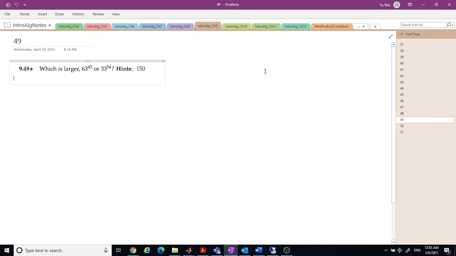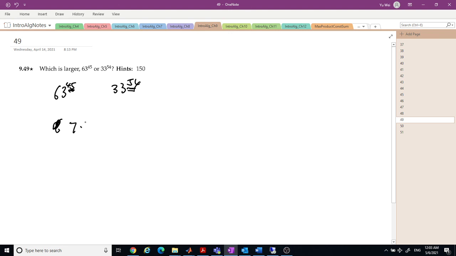Next, it's 63 to the power of 45 and 33 to the power of 54. If you take a look at this, we have 63 to the 45 and 33 to the 54. This one is a multiple of 9, and so is this one. It's better to do some factorization.